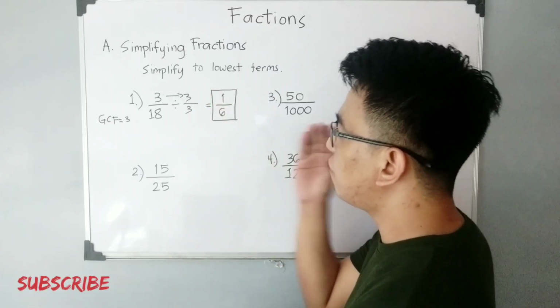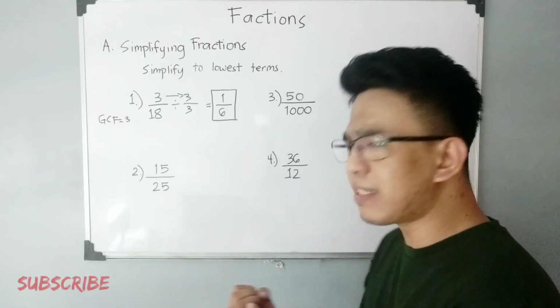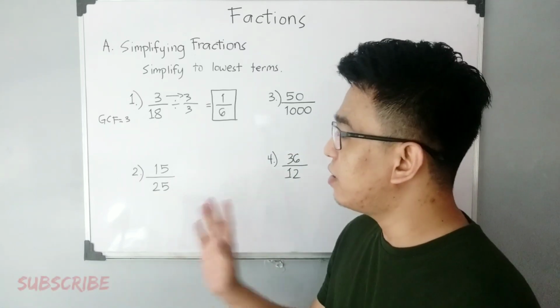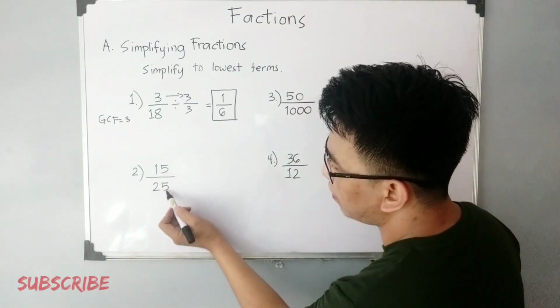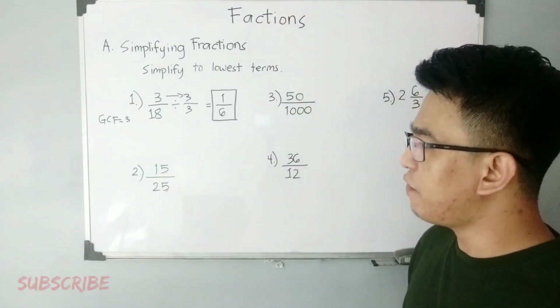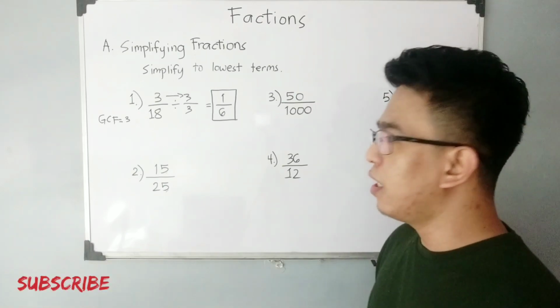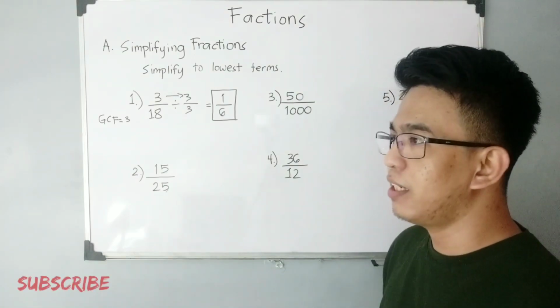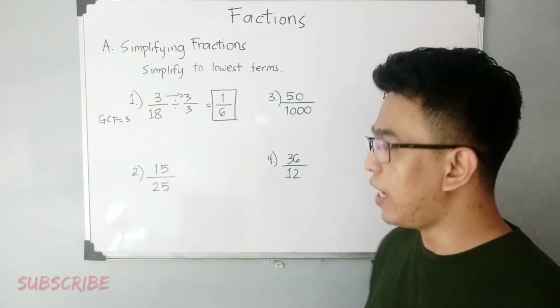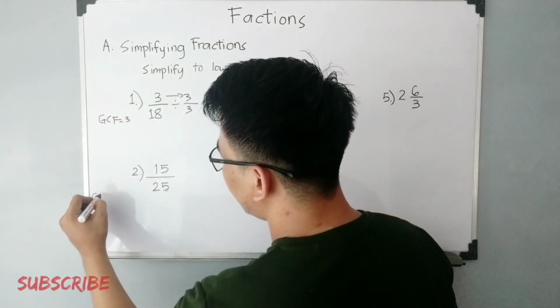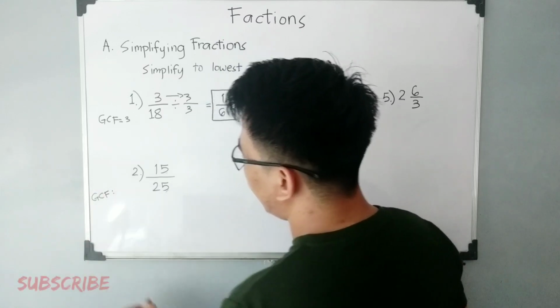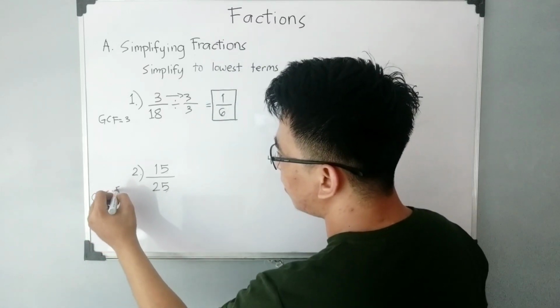We are given 15 and 25. So may mga struggle tayo about getting the GCF. But as you can see, the last digit here is 5. Okay? The digits are 5. So ibig sabihin yan, yung greatest common factor nila is possible na divisible by 5. And this time, alam natin na the GCF of 15 and 25 is none other than 5.